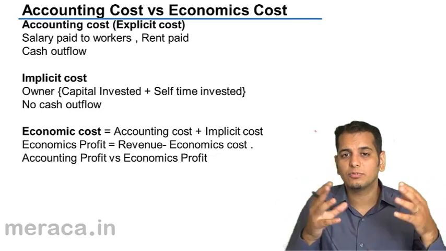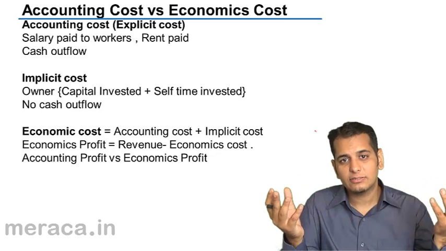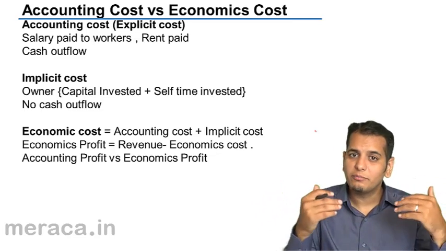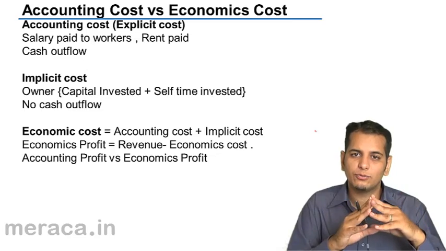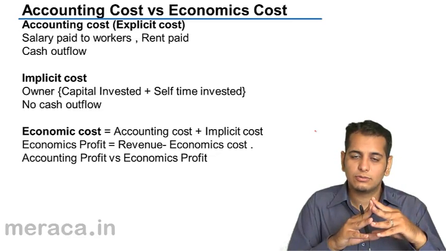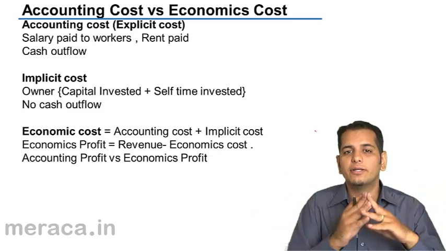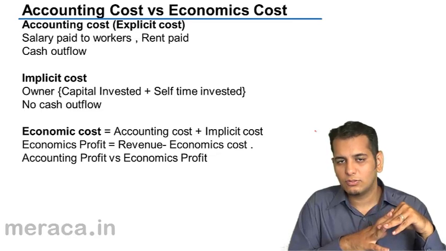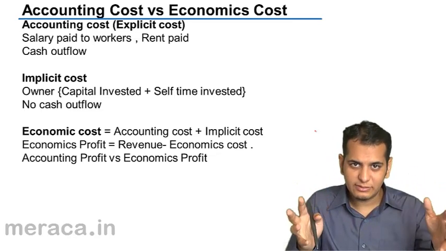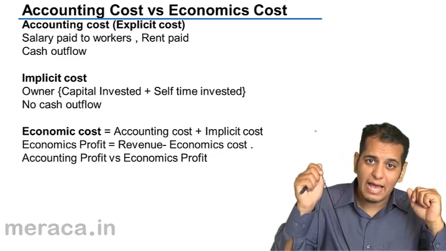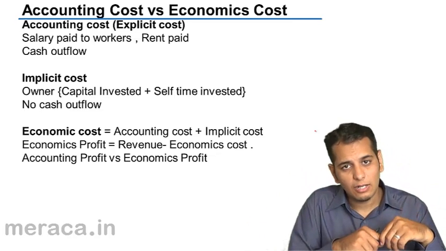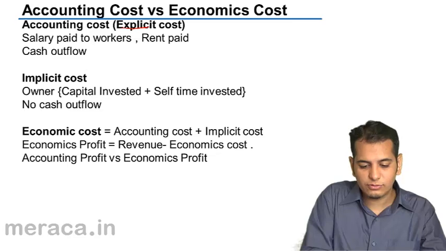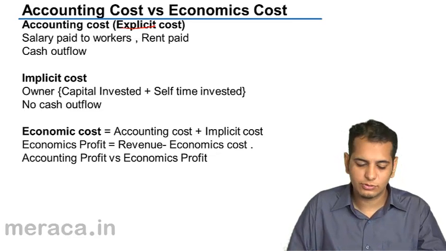However, there may be some costs for which I may be incurring expense, but it may not be striking me that I am actually incurring those costs. So, such costs are not recorded in the books because as humans we do not perceive such costs. Only those costs which we can see, which we can understand, and for which we actually pay are called accounting costs. And as I said, accounting cost is also called explicit cost.